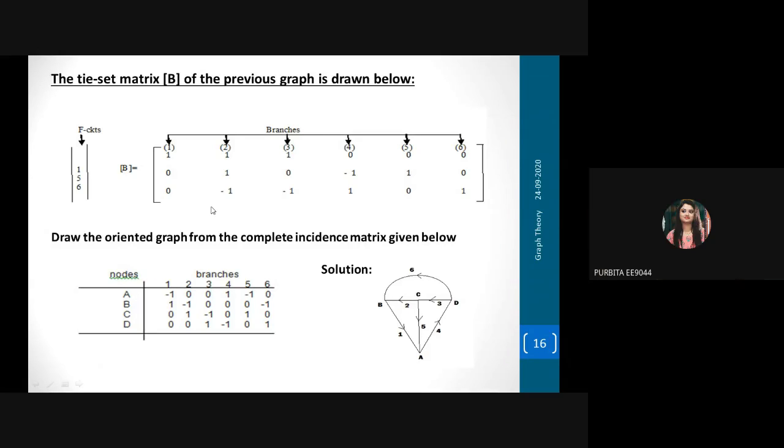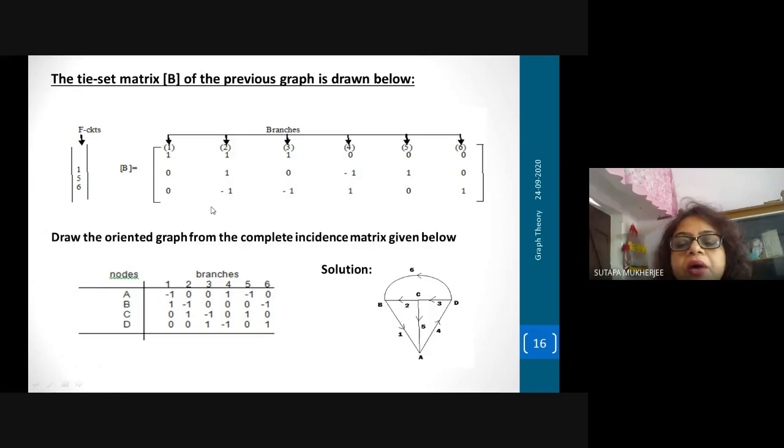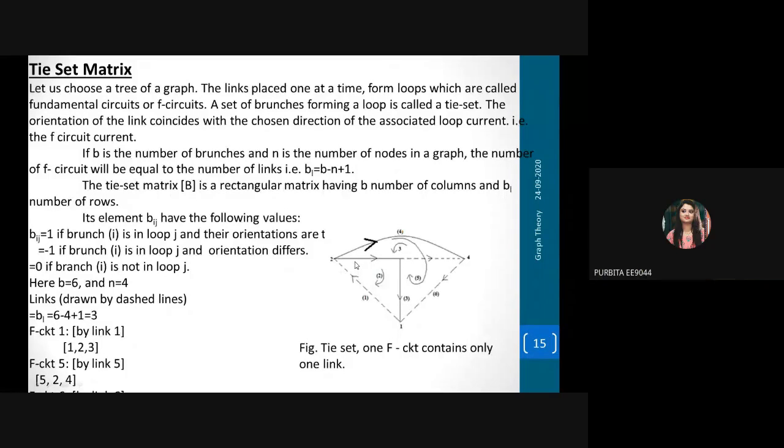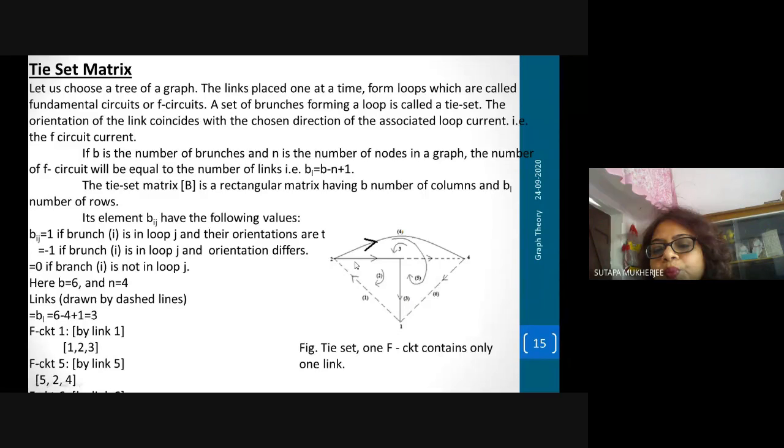Yes, ma'am. Okay. Now consider this one. In this case, the direction of the current is direction of the loop. Yes or no? Yes, ma'am. The direction of the link current and direction of the conventional loop current, I mean your assumed loop current, is same.